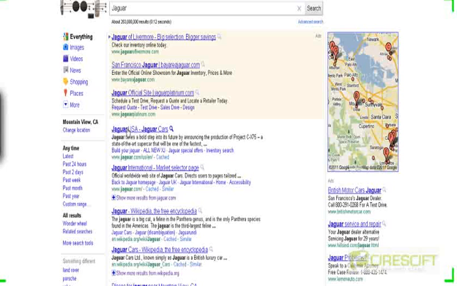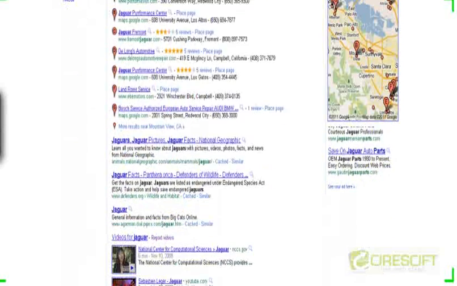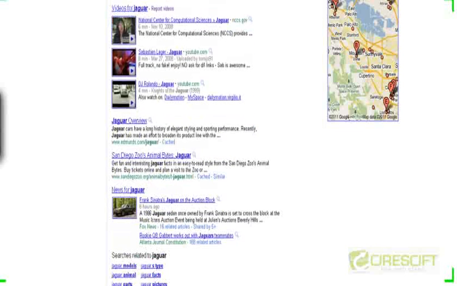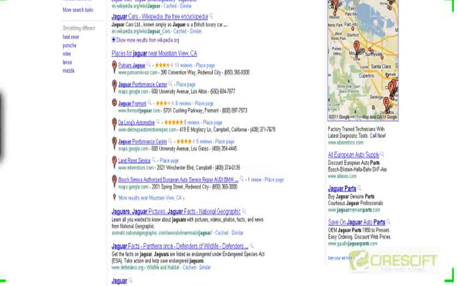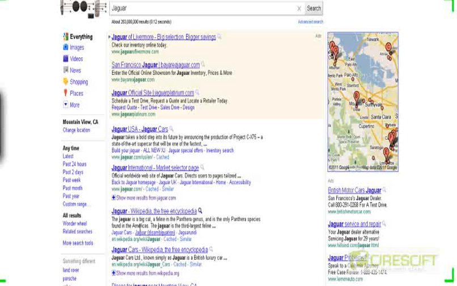You get Jaguar the car. You get some results for the animal jaguar. And there are some other meanings as well. So you can see that this single word, this is jaguar the cat, and this is jaguar cars.